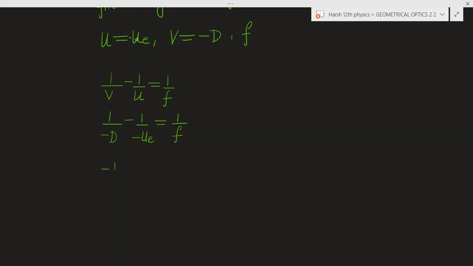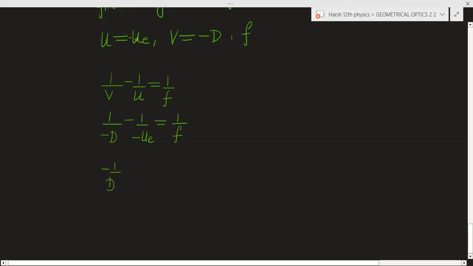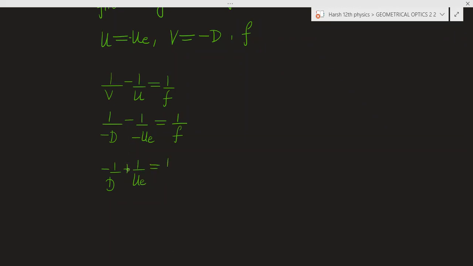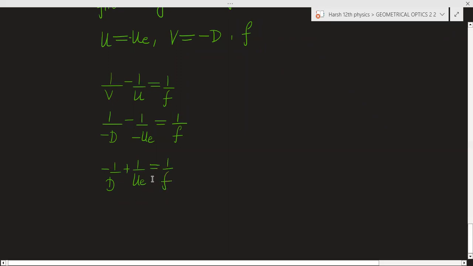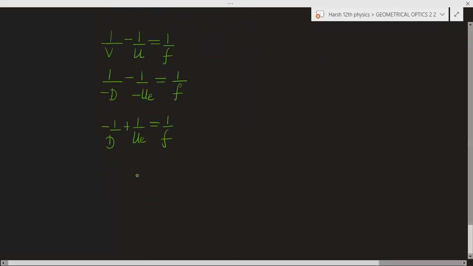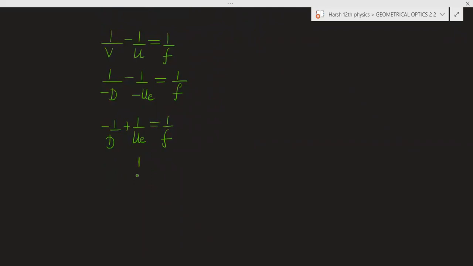It will be minus 1 by D and this will be plus 1 upon UE. This is plus because this is minus and this is minus, and minus multiplied gives plus. That is equal to 1 by F. Now we want to find the value of 1 upon UE. I will tell you why I am finding the value of 1 upon UE. So 1 upon UE from here will be 1 upon F plus 1 upon D.